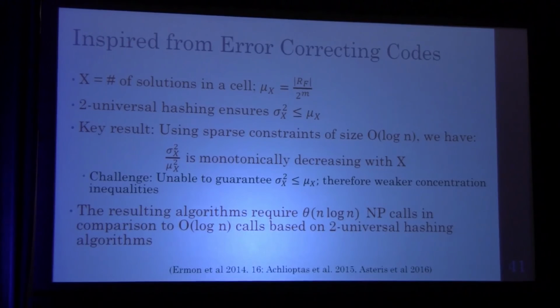Unfortunately, so far there have been a lot of attempts, but what has not been proven is a slightly stronger guarantee that one would ideally want, which is to say that the variance is less than the mean. Here, all you could say is about the variance over mean square. So this leads to an increase in the number of NP calls, and there's a lot of interest in designing hash functions where you do not incur high cost in the NP calls, a very active area of work. I think there were a couple of papers at ICML this year also.